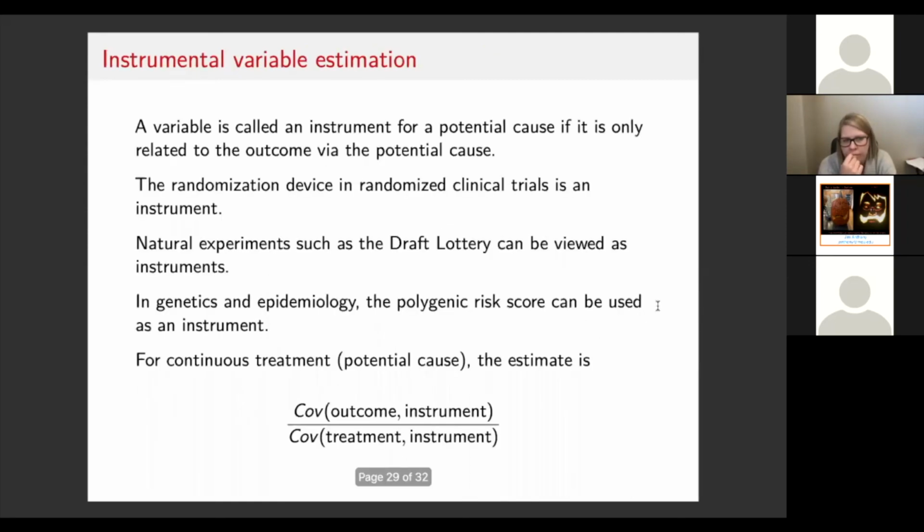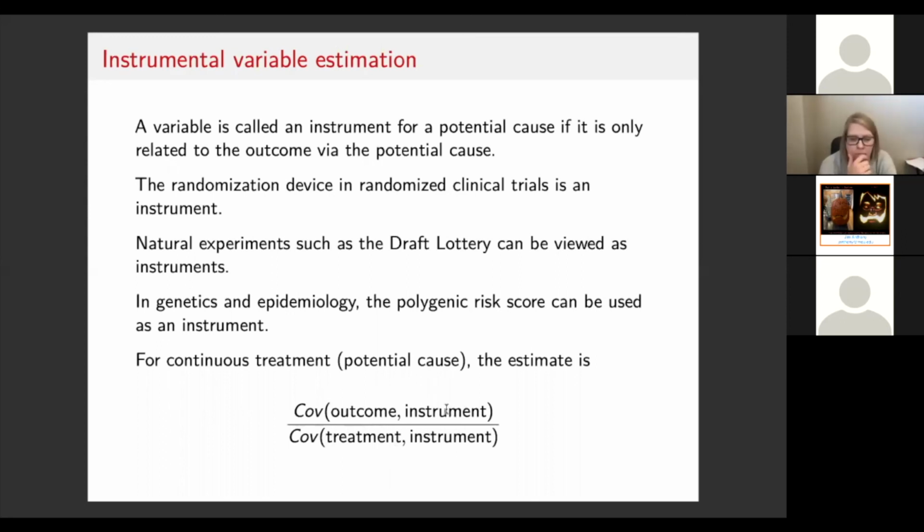And in fact, for a continuous potential cause, the formula is the covariance of the outcome and the instrument divided by the covariance of the treatment and the instrument. So imagine the instrument is randomization, then this covariance is exactly 1. So it's basically the covariance between the outcome and your cholesterol.